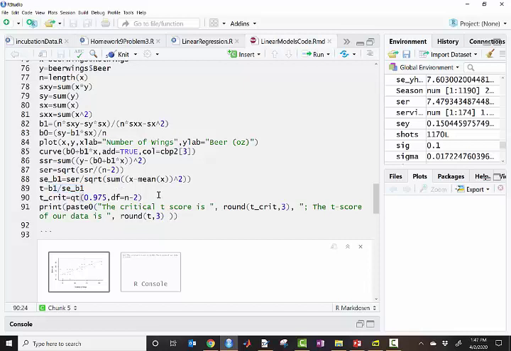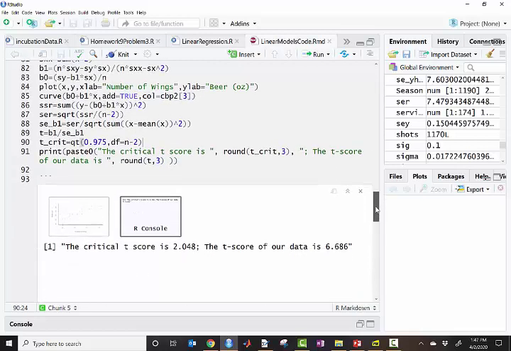We compute a critical value from the appropriate t distribution, and I'm assuming the typical 0.05 alpha level for the test, so I would use the 97.5 percentile of the t distribution. Then we look at our critical score and the t-score for our data. The critical t turned out to be pretty close to 2. The sample size is fairly large, so it's not going to be so different from the z-score, which would have been 1.96.